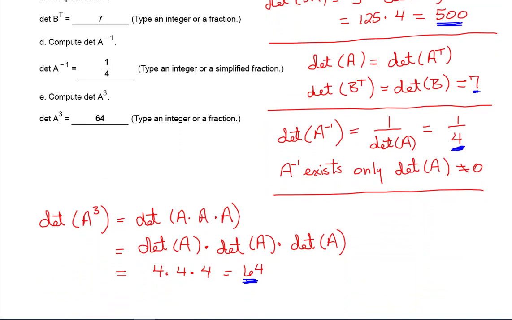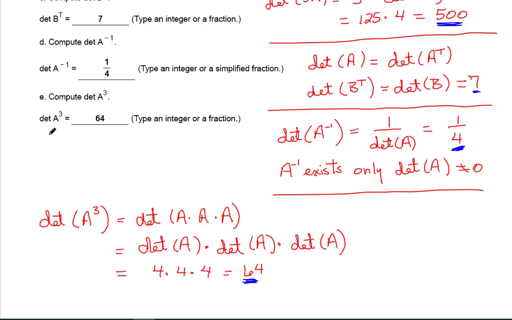What about the determinant of an inverse? Well, it's 1 over the determinant of the original matrix. And I know that that's well defined because A inverse only exists if the determinant is not 0. And so in this case, I would get 1/4.